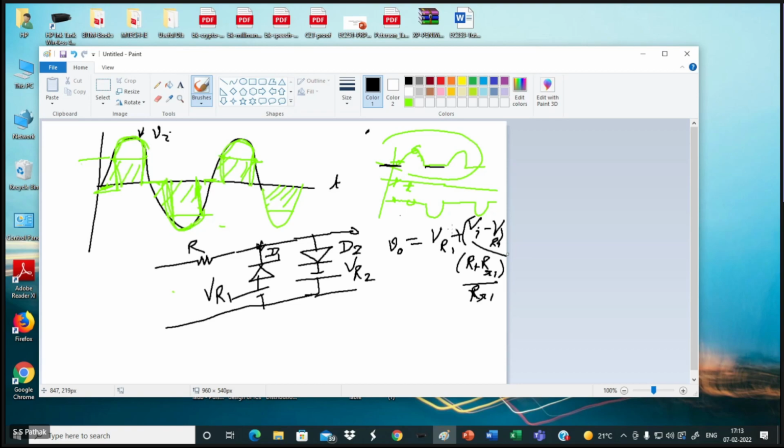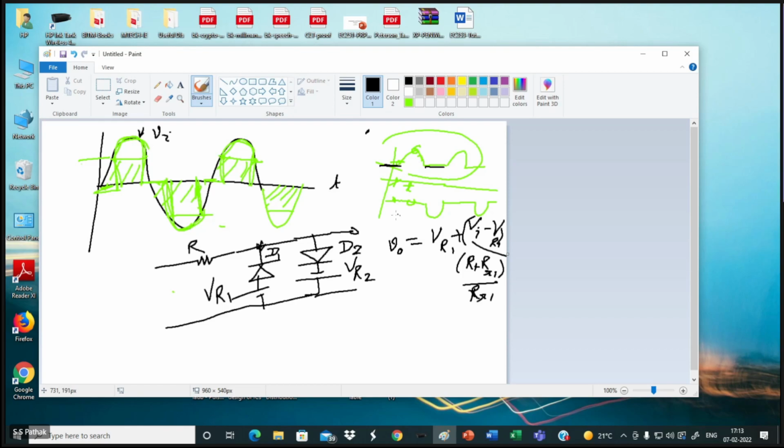But if RR1 is not infinite compared to my R, then this will be the factor coming in the denominator, or this RR1 goes in the numerator, that's how it is changing. So V naught by Vi will be modified with a slope, with a constant. That constant will multiply the sinusoidal shape, and shape will be changing according to that. Is it okay?